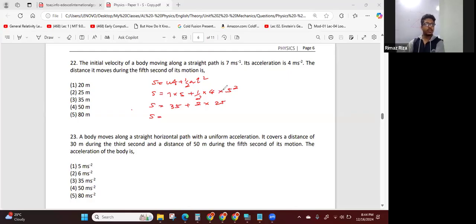The distance it moves during the 5th second of its motion is. So here we get 35 and 50, 85. 85 meters. It's not. I think there's a problem with this question. I think it should be 85 something. This third question.